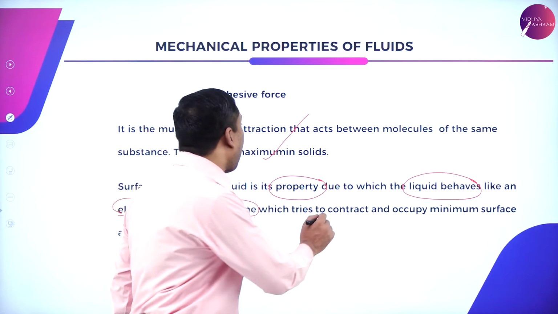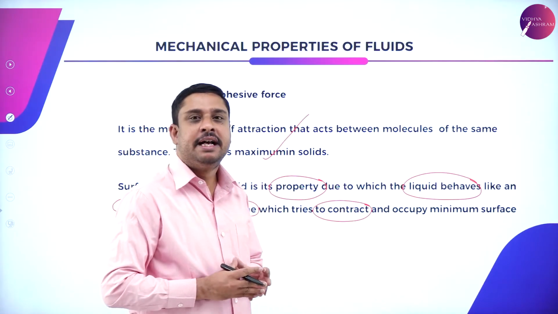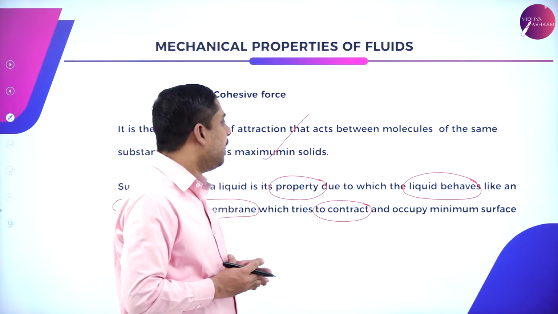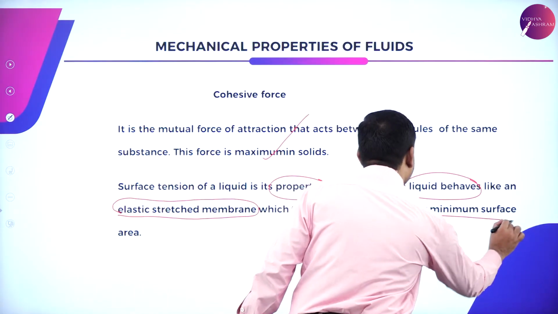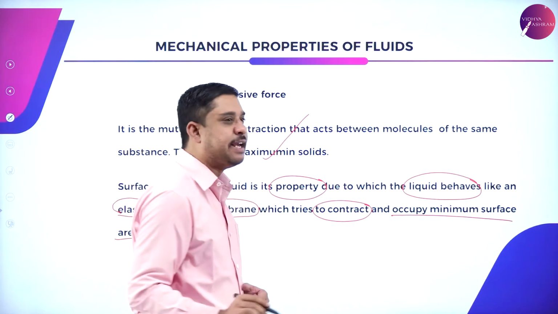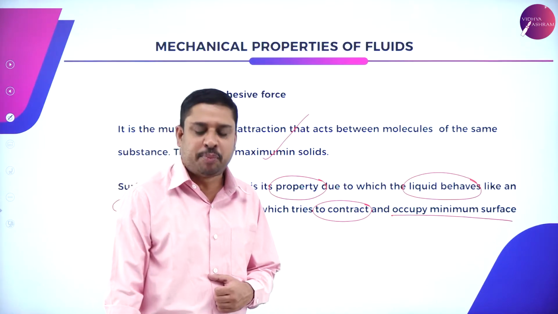which tries to contract. The membrane tries to contract and occupy minimum surface area. See, very beautiful property.